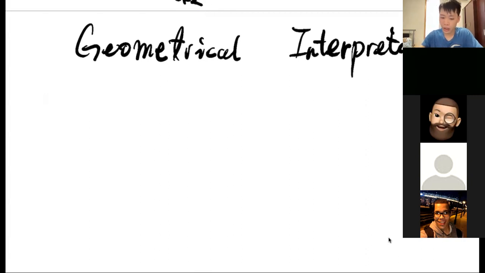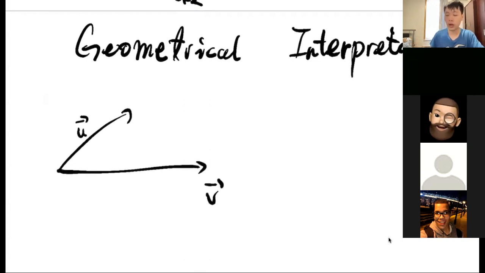The geometric interpretation for the cross product is that when you have vector u and vector v, the cross product is actually the vector that is perpendicular to both vector u and vector v.